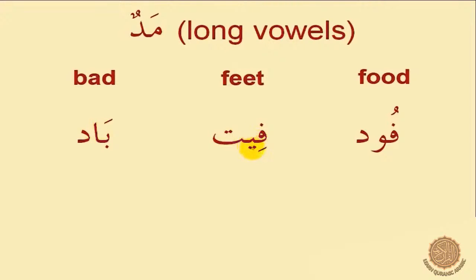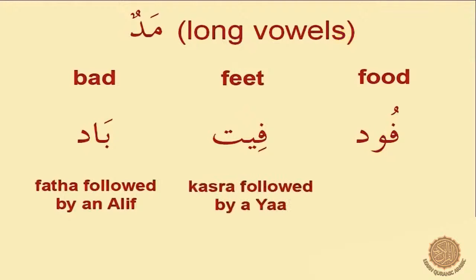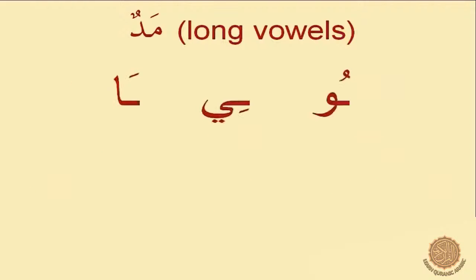So it's an E sound. And finally, we have a Damma, followed by the waw. So it's a U sound. We'll come to know that the long vowels are created in these three ways: a fatha followed by the alif, a kasra followed by a ya, and a Damma followed by a waw. So they represent the three long vowels.